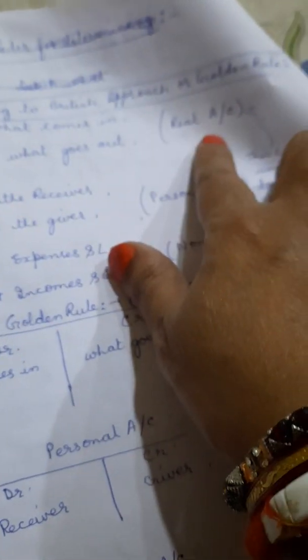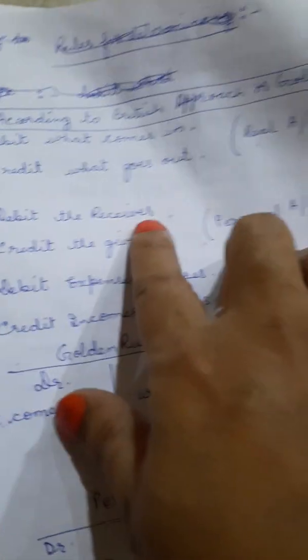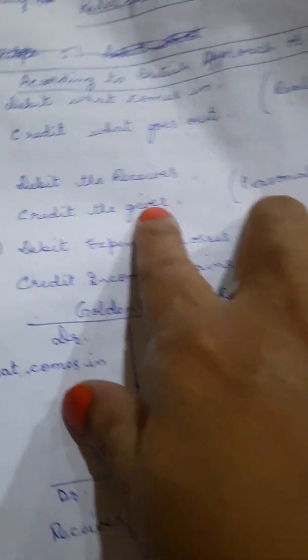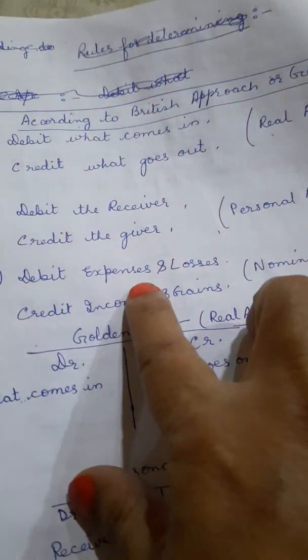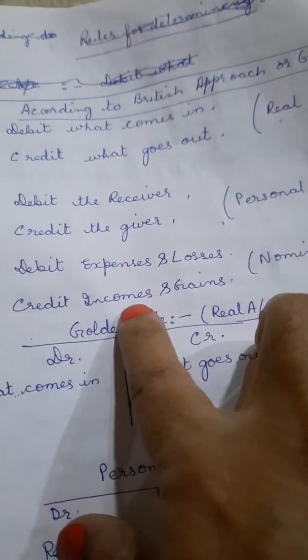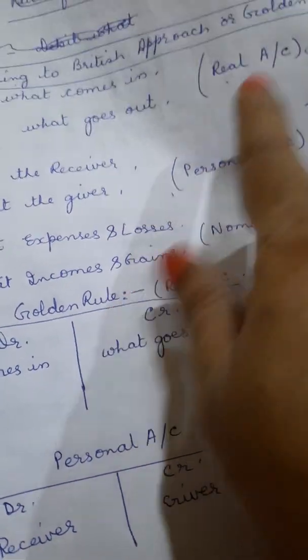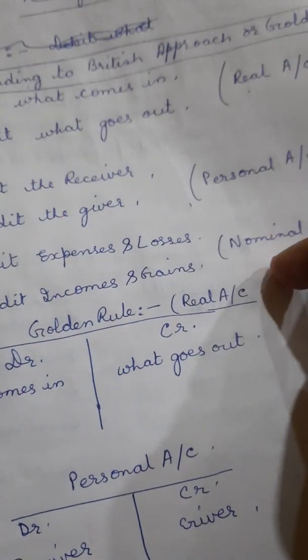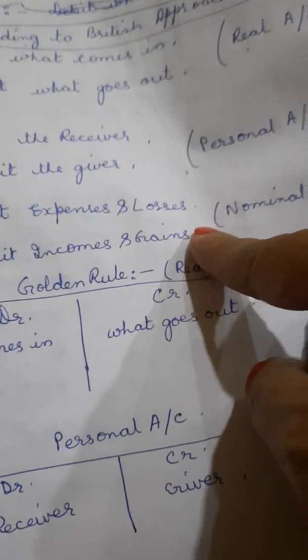For a personal account, debit is the receiver and credit is the giver. In a nominal account, debit means expenses and losses and credit means income and gains. This also comes under the double entry system.